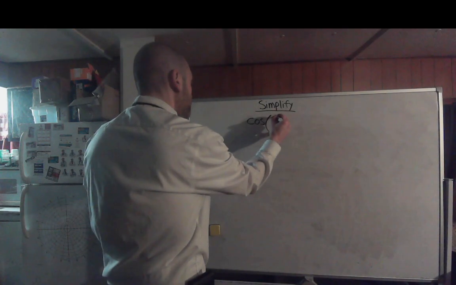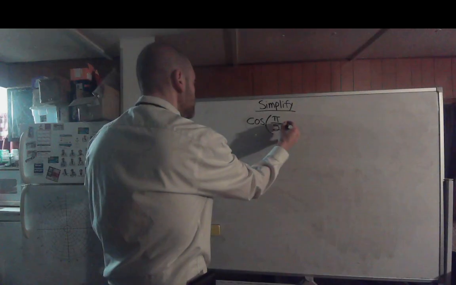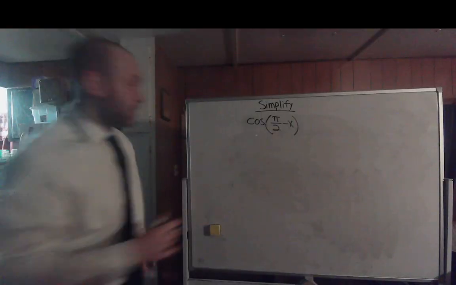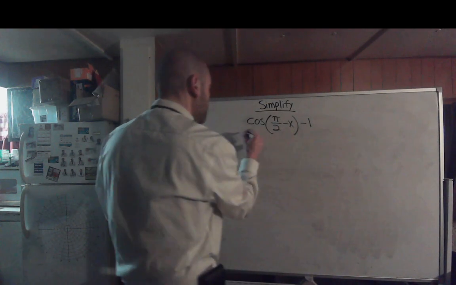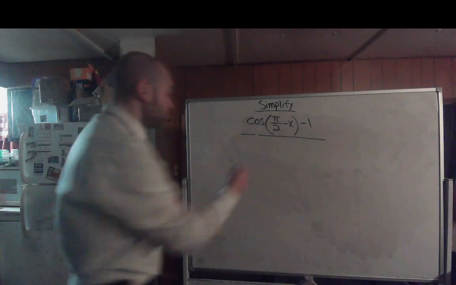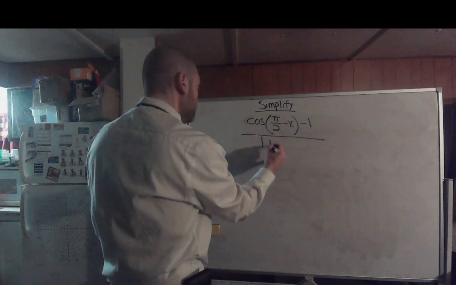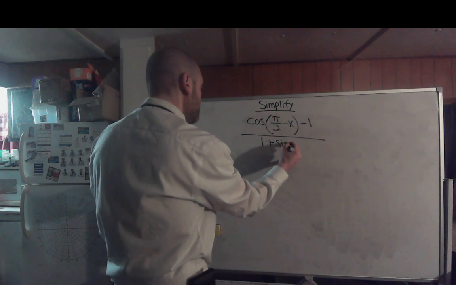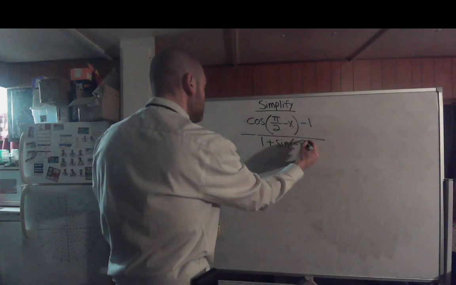Cosine of pi over 2 minus x, all that minus 1, all over 1 plus the sine of negative x.